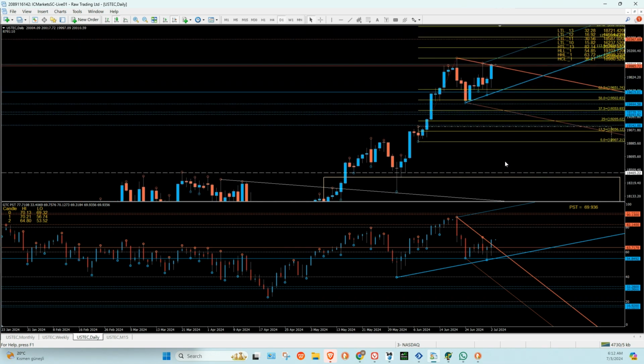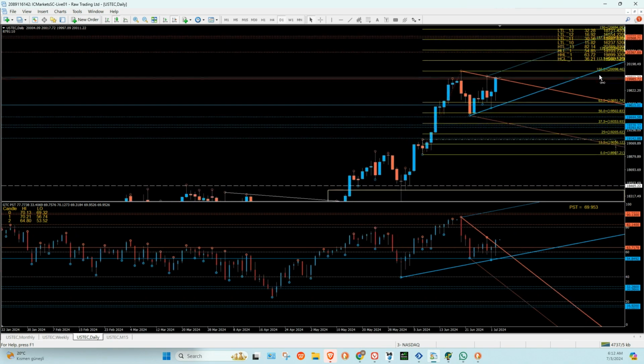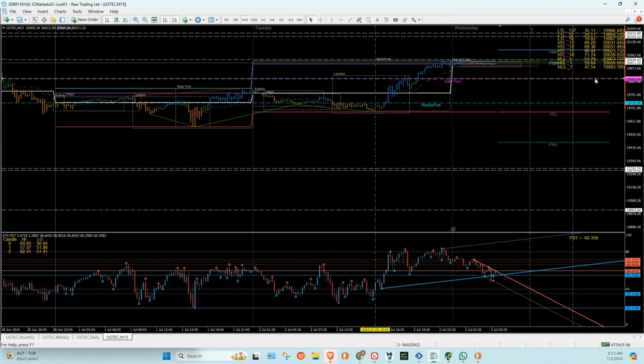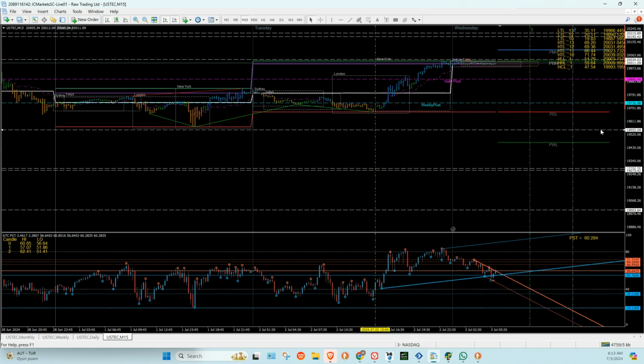If you want to buy into it, 19,900 is the daily pivot. So if you want to get in there, that's your daily pivot, is where you can buy.